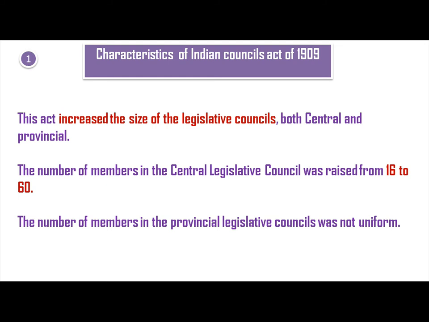The number of legislative members in the council has been increased, both in the center as well as in the provinces. In the center, it has been increased to 60, but in the provinces, this is not uniform. Clear? This is the first one.